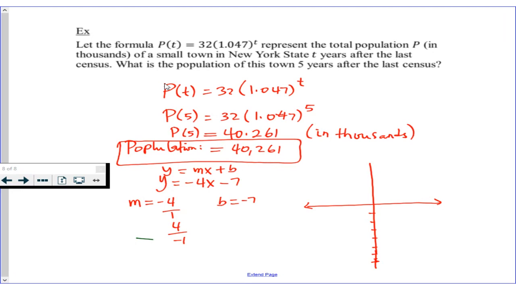The first point is -7. So I can go up by 4. 1, 2, 3, 4. and to the left by 1. You can even graph by using this, or go down by 4 and over 1. If you go down by 4, you have space, and you move over 1.